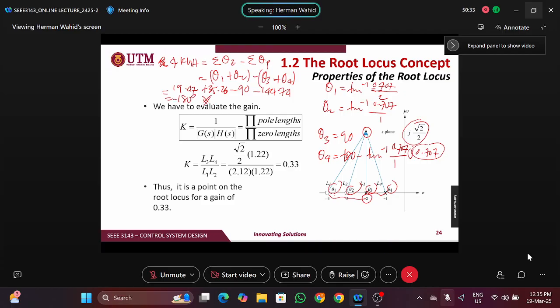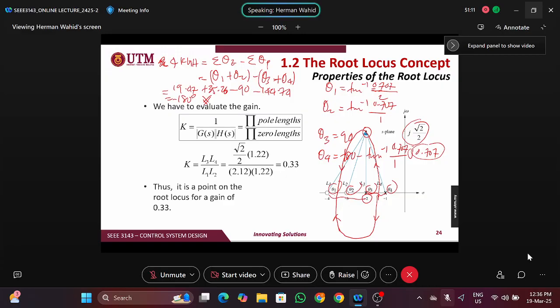So it is fulfilling the angle criteria, because this new location of the pole is part of the root locus. So probably the locus should go like this, then like this. Okay, so it is part of the root locus close to the pole.